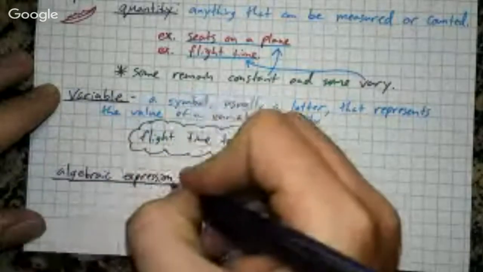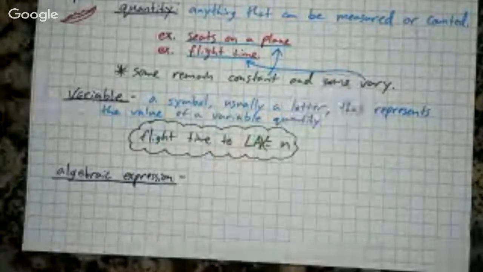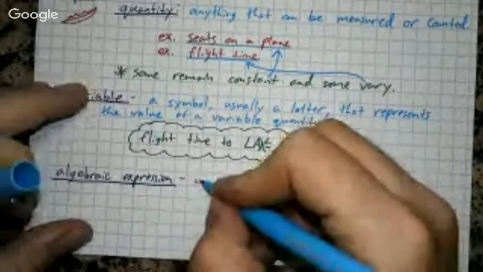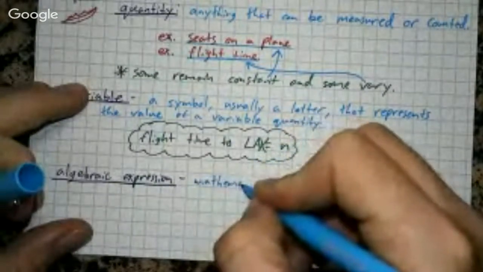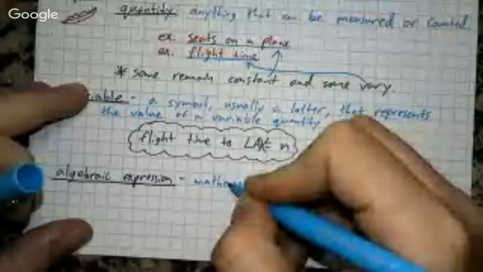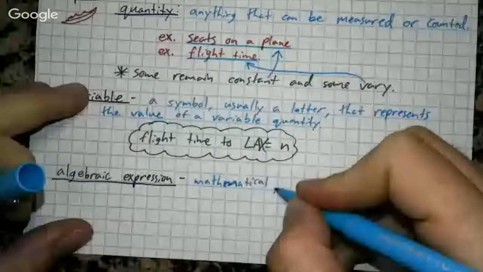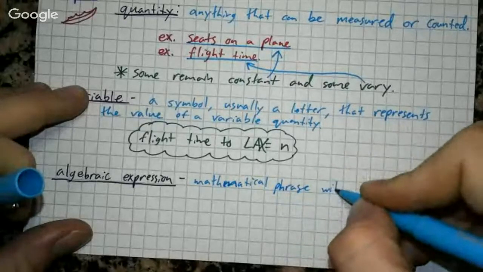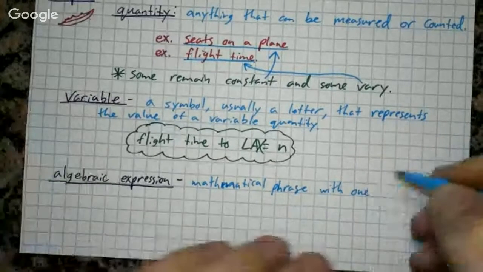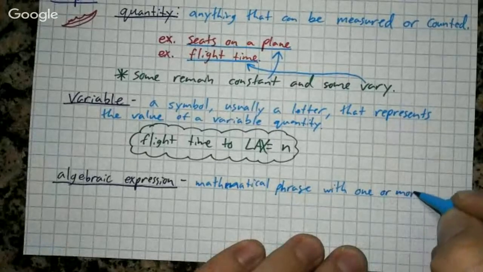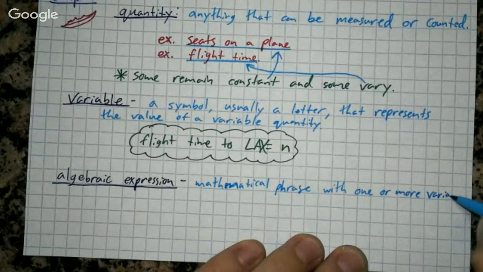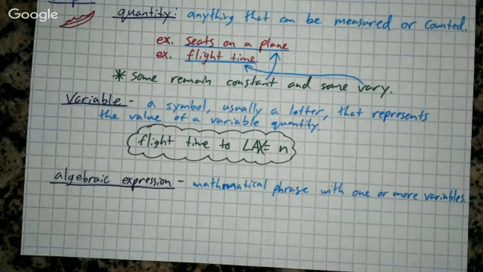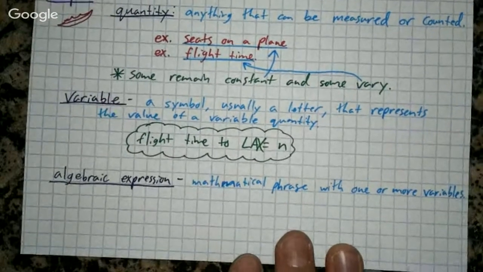An algebraic expression is a mathematical phrase with one or more variables.